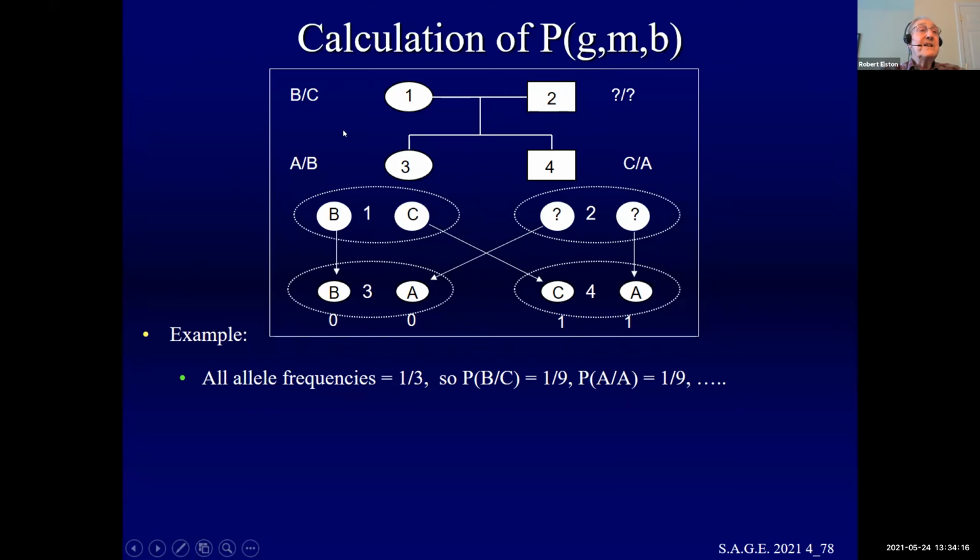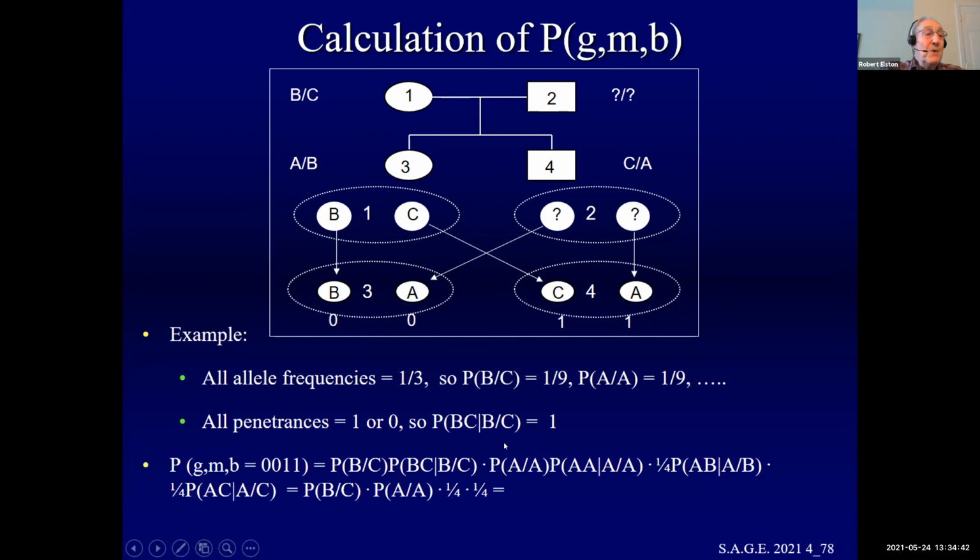All right, that's easy. Everything up here is going to be 1/9 in the founders. All penetrances will be 1 or 0, so the probability of the genotype being BC, given you've got the ordered genotype BC, will be 1. We're going to assume everything is simple.